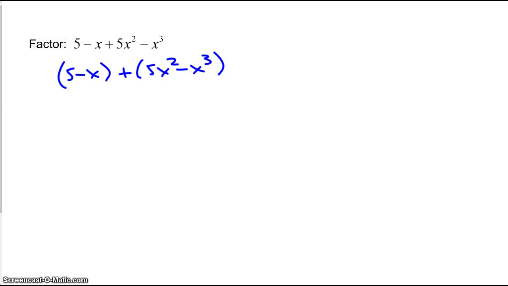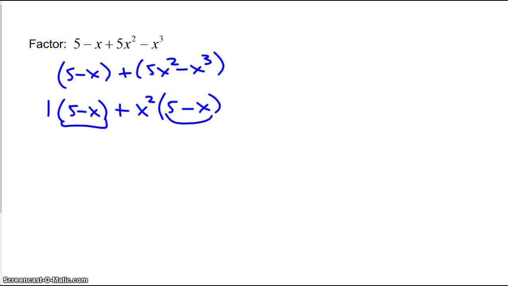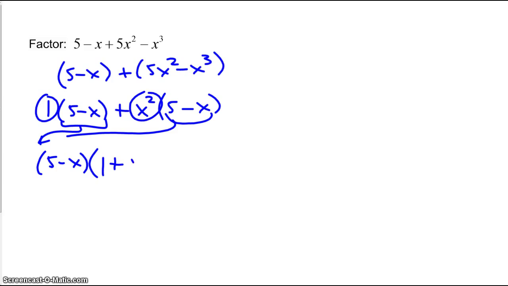I really can't factor anything there, so I'm just going to have a 1 there, I think. But over here, I think I could take out an x squared, right? And I would be left with 5 minus x. And because those two things are identical, I can factor those over onto the side. So I have 5 minus x times 1 plus x squared.